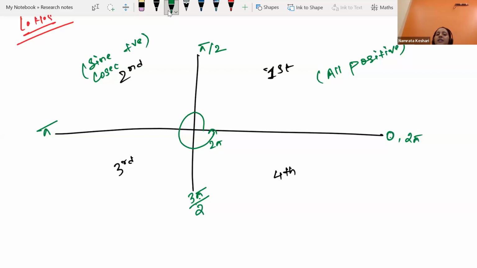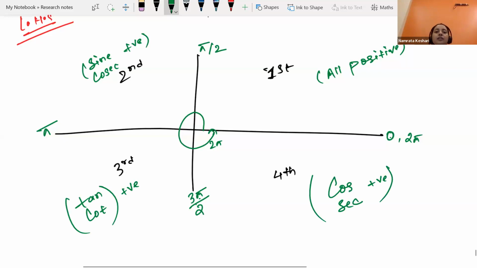The remaining trigonometric ratios are negative over here. In the third quadrant, tan is positive, and due to this tan, cot is also positive. I am writing whoever has positive sign in this quadrant, the remaining are all negative. And in the fourth quadrant, cos and sec, these two are positive and the remaining are all negative.